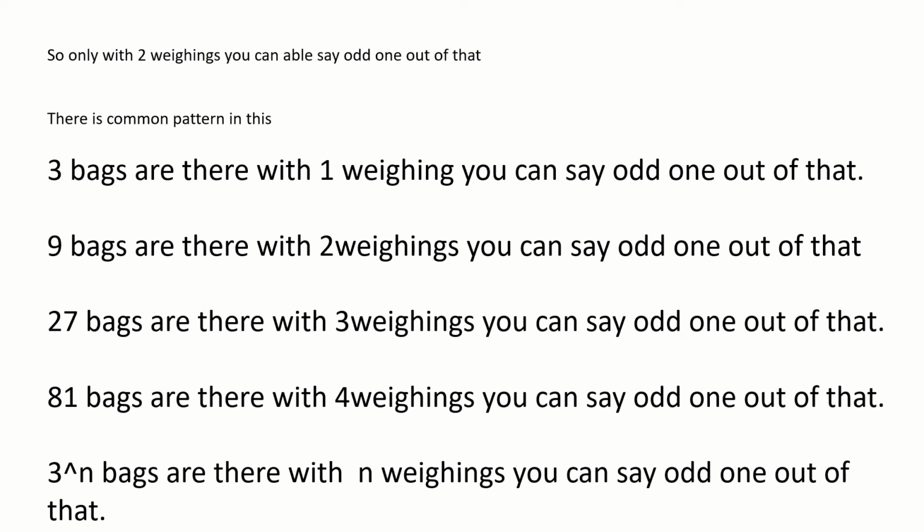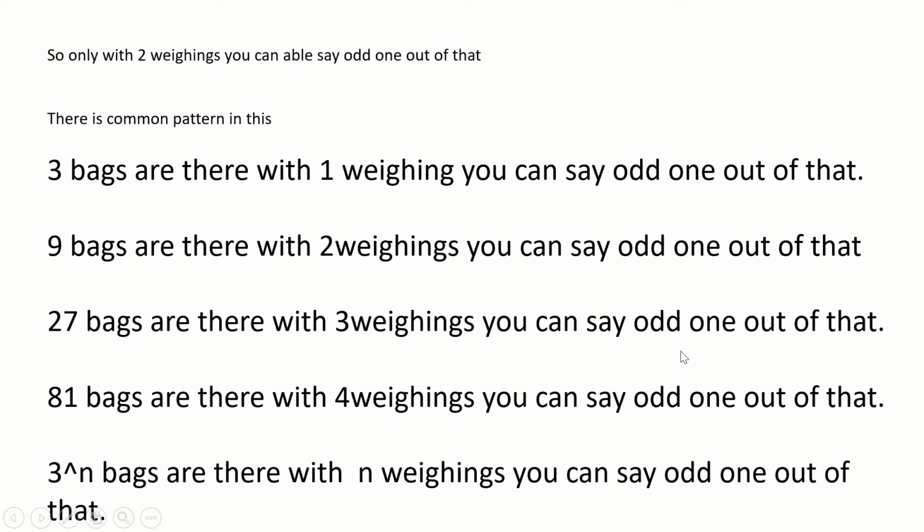If you look, you can observe a pattern here. Three bags: we can use one weighing to find the odd one. Nine bags: we can use two weighings. 27 bags: you can use three weighings.